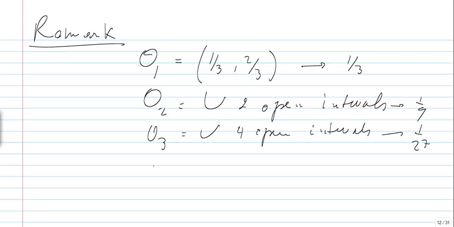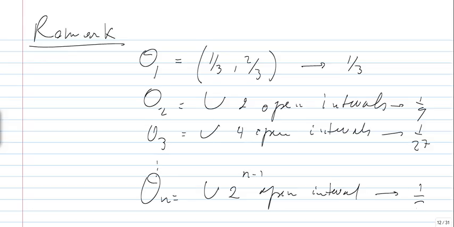So when we go to On, it is a union of 2 to the power n minus 1 open intervals, disjoint, and each one of them has a length of 1 over 3 to the power n.